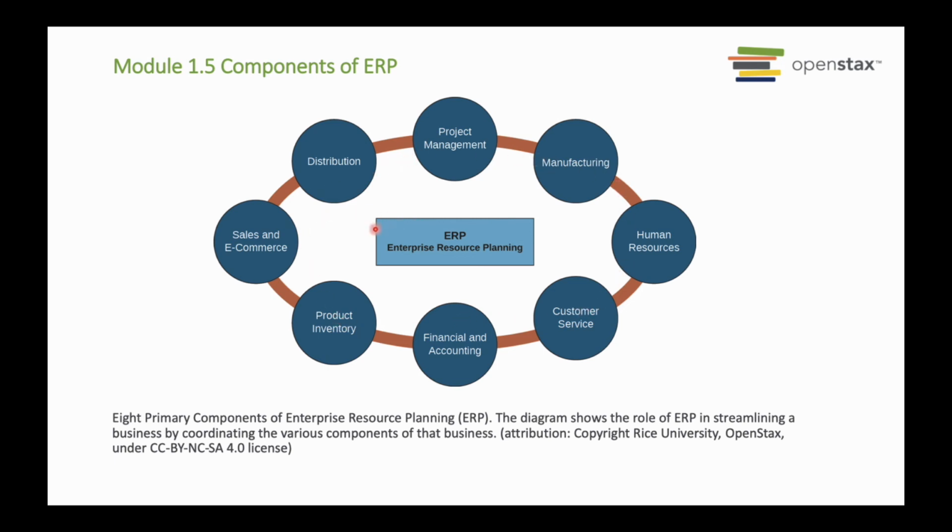So the job of the enterprise resource planning system then is to bring together these components into one coordinated system, so that if, for example, distribution requires some information that is within the product inventory database, distribution must be able to access the product inventory database in order to obtain the information that it requires. In effect, then, what the enterprise resource planning system does is that it allows for the subcomponents to communicate with one another.